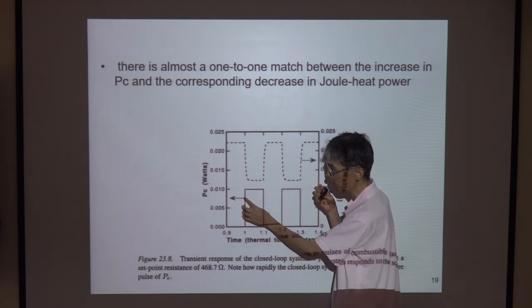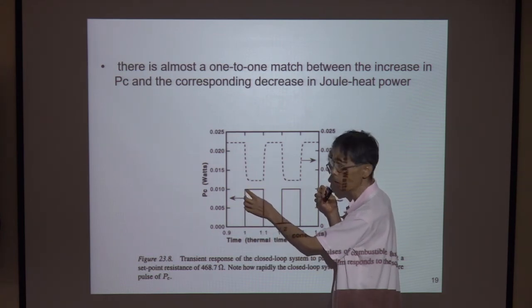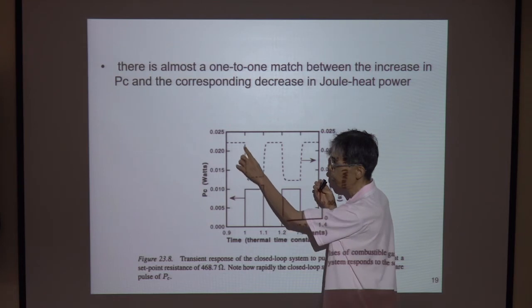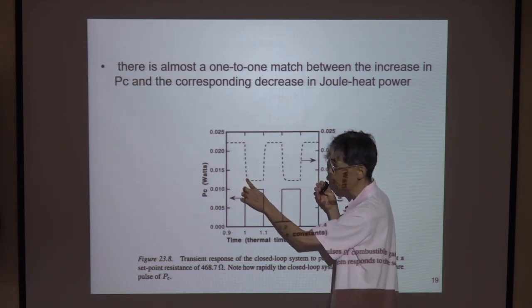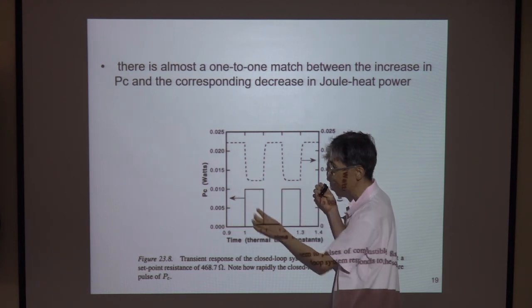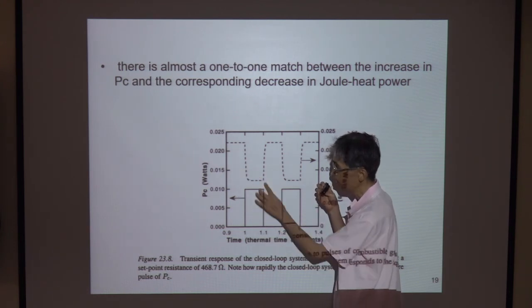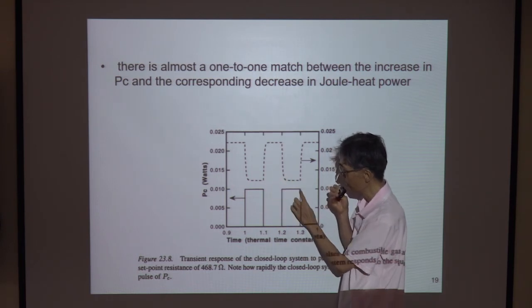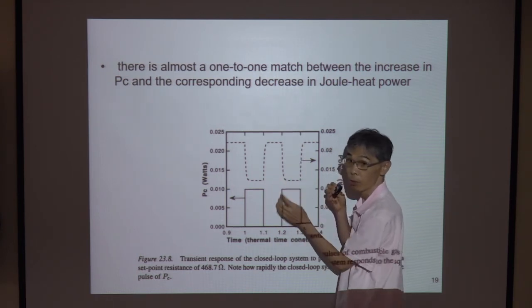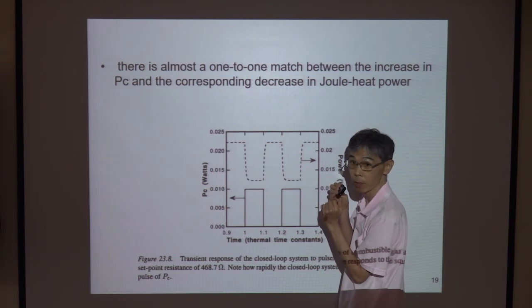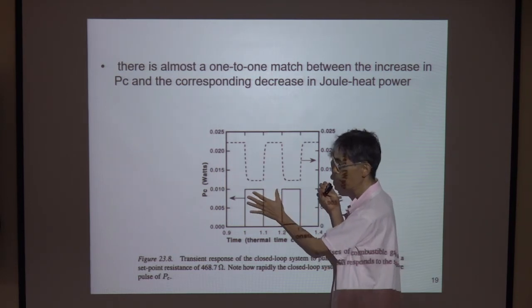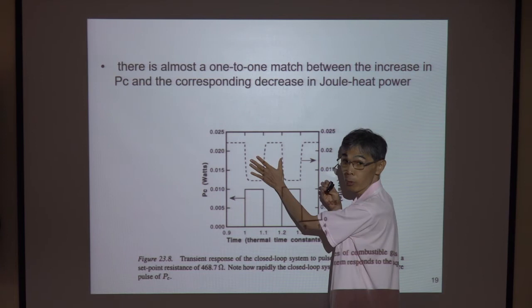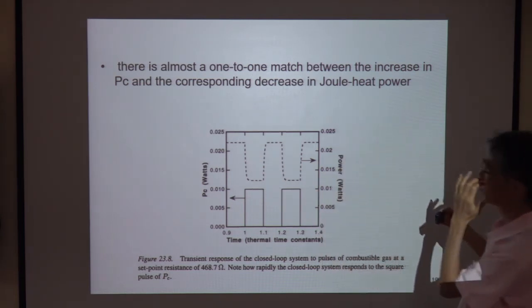As long as this chemical reaction occurs, your power supply power is going to drop. So this goes up, down, down, up, up, down, down, up. There's one-to-one correspondence between your input and your output.